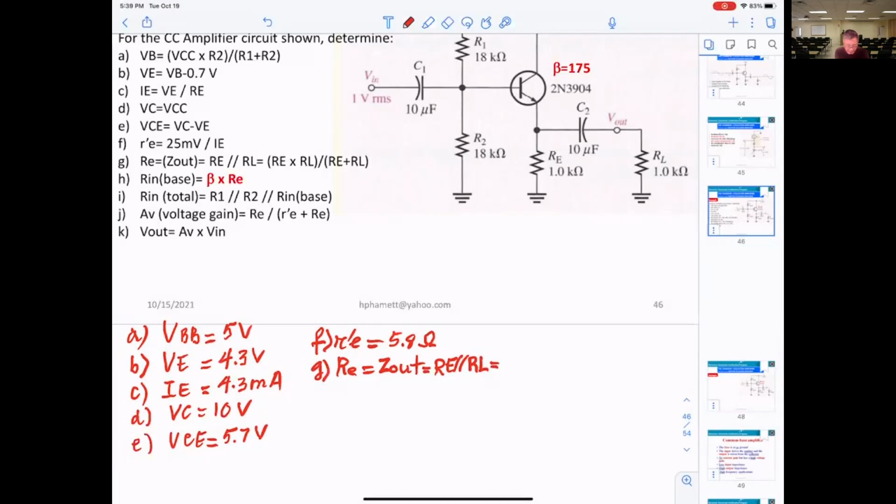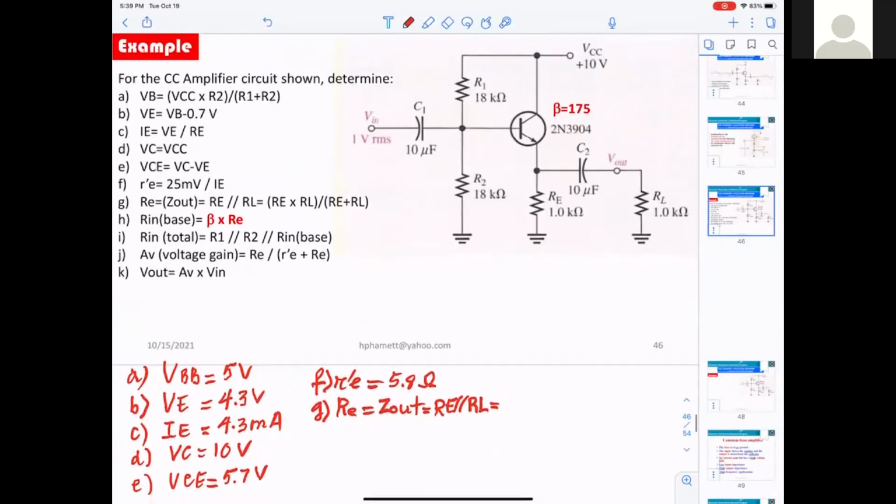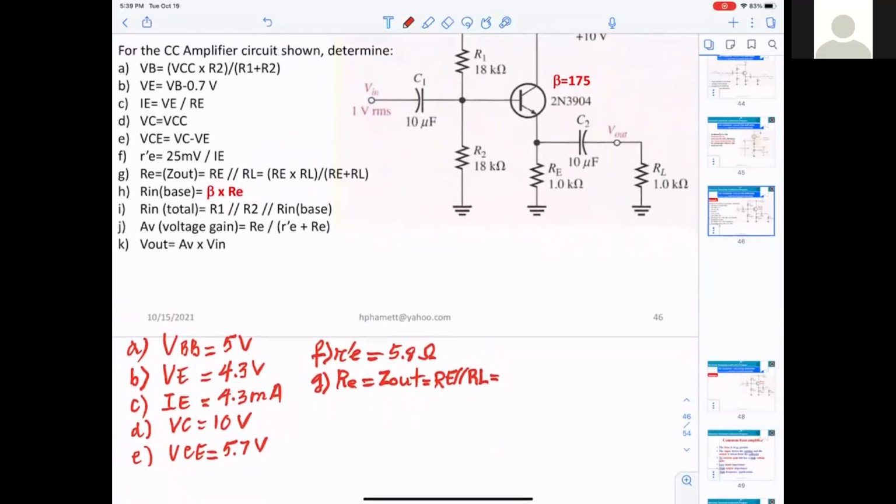So RE times RL divided by RE plus RL. Two equal values in parallel is like half. So basically, what is the number here? 1K, 1K, right. So it's 500 ohm. You can say 0.5K, or 500 ohm.